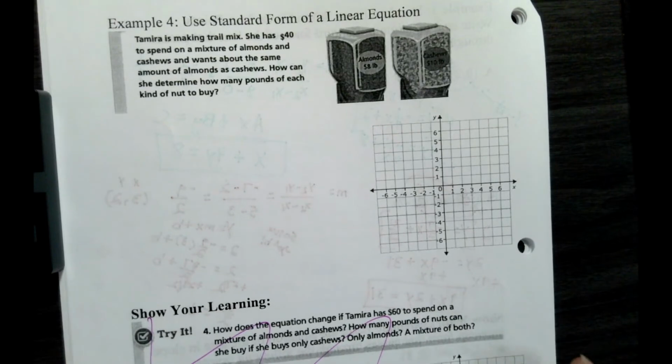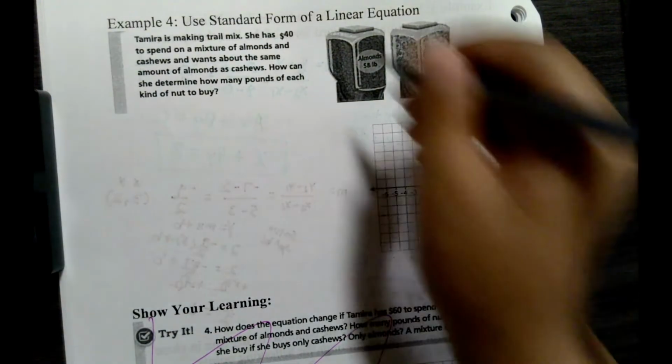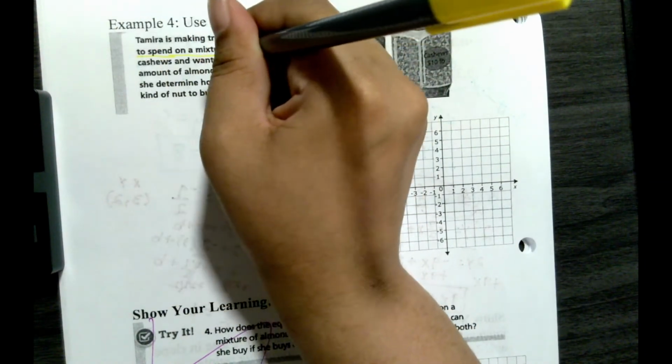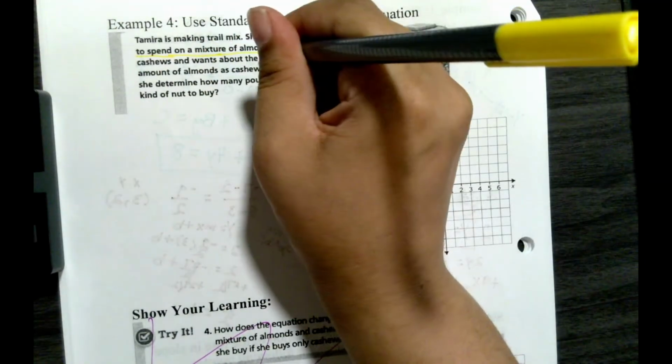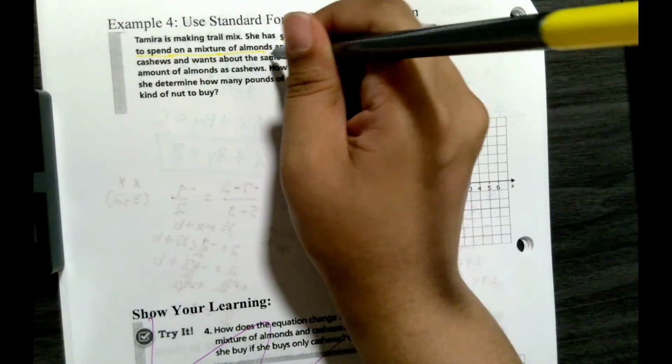Like usual, I don't have my highlighter, so she has $40 to spend on a mixture of almonds and cashews. So she wants to get a bunch of almonds and cashews in a bag. And she wants the same amount of almonds as she does cashews. So she wants the same amount.